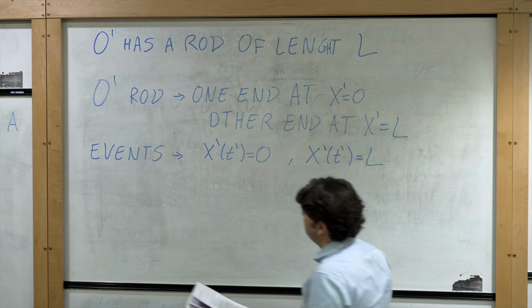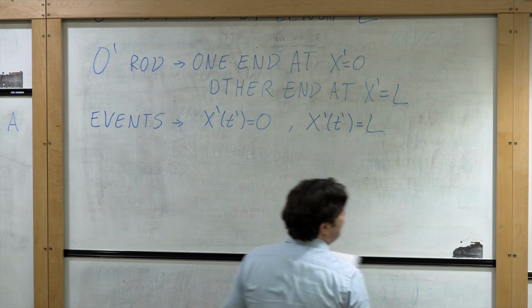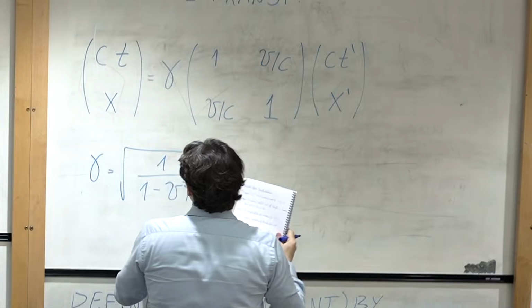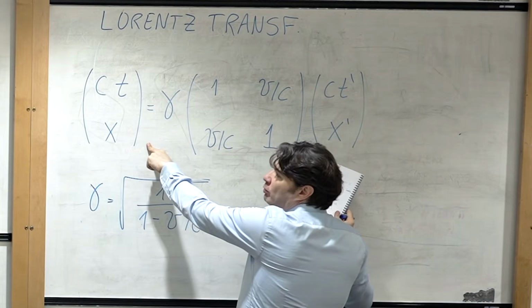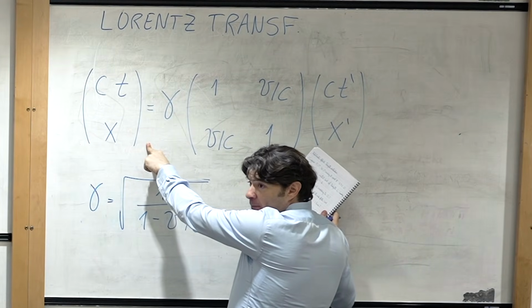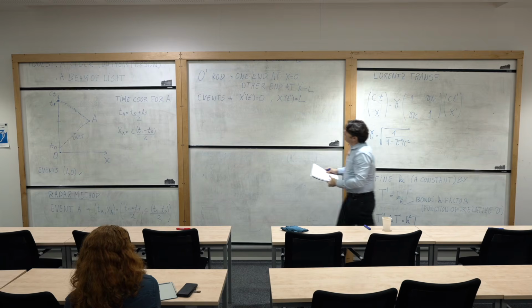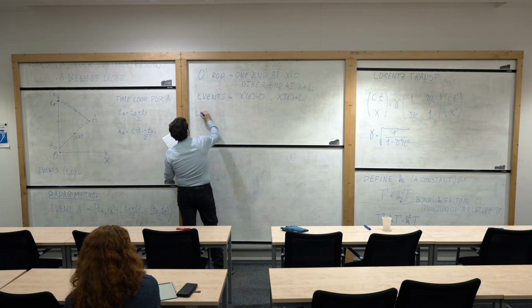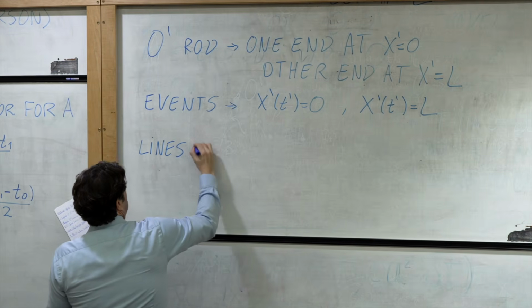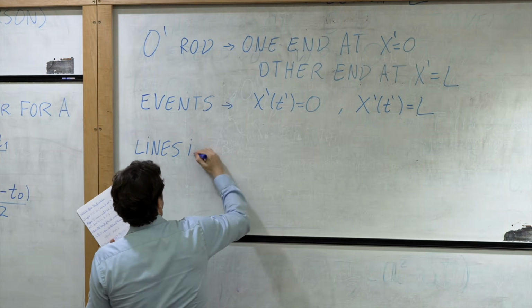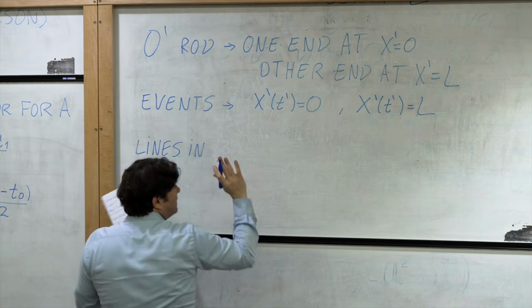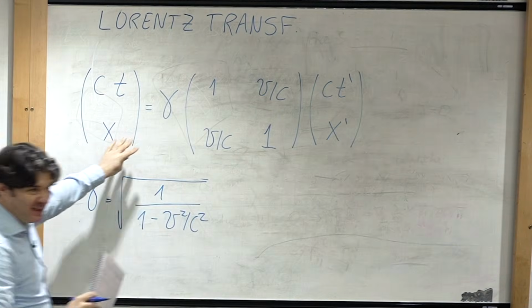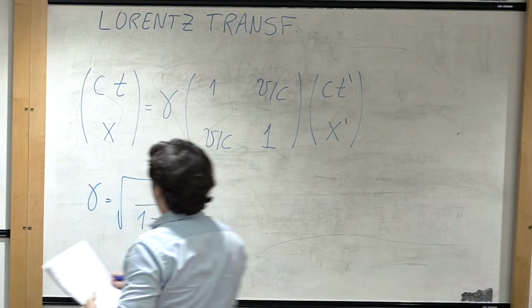These are two lines, and we want to see what these two lines map to in the system O. So the lines in O, easy, we use the Lorentz transformations. So let's do it very slowly.